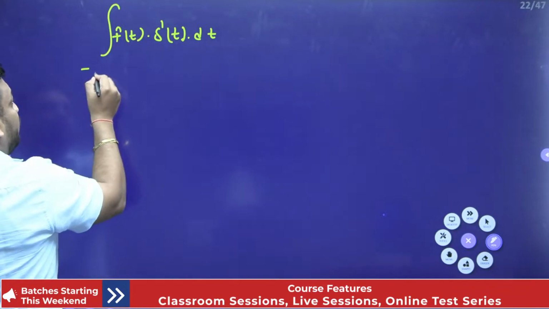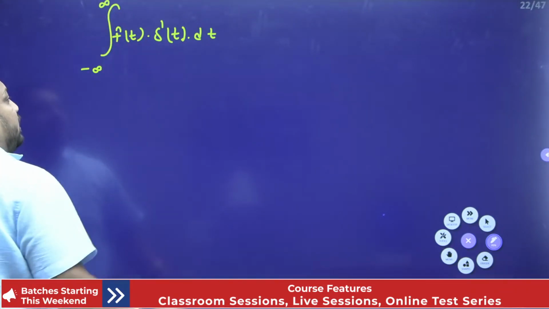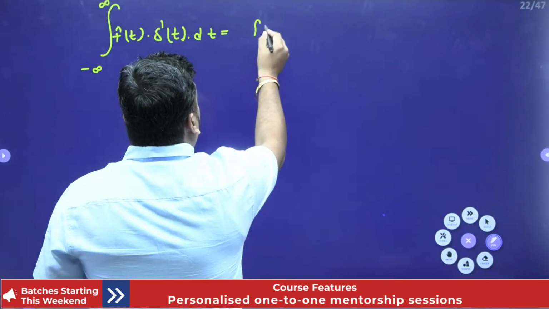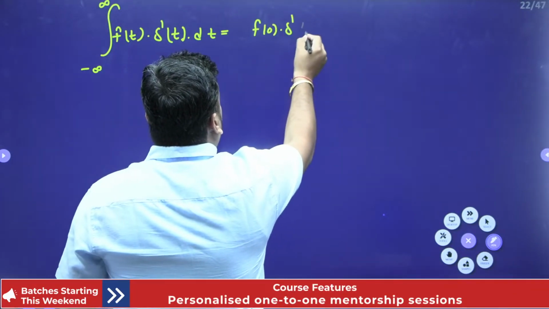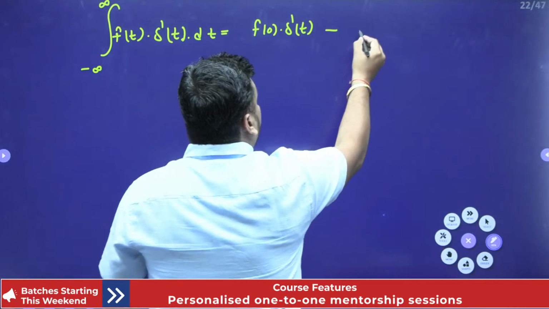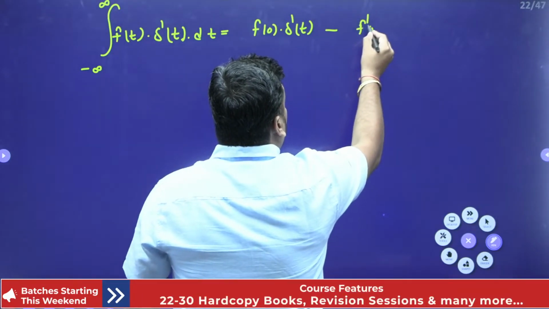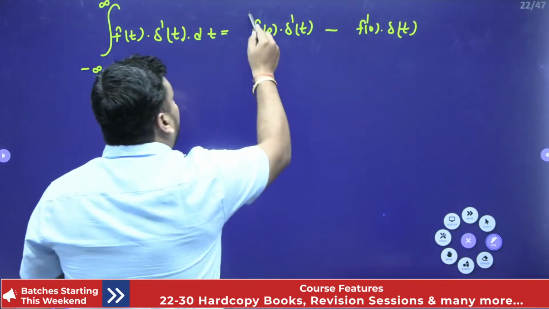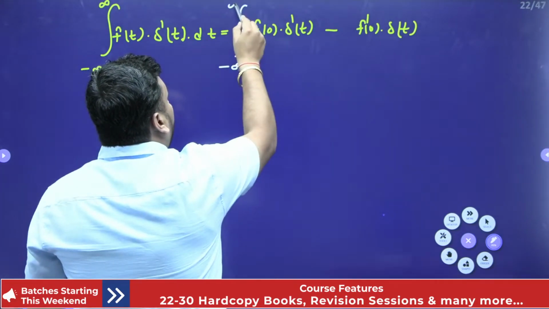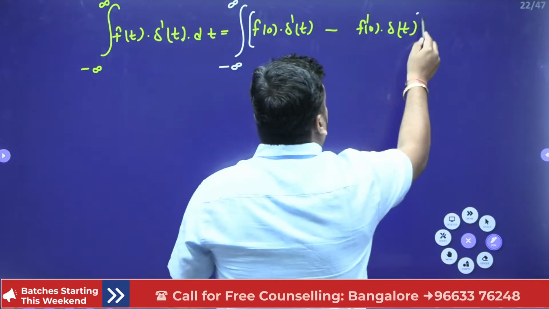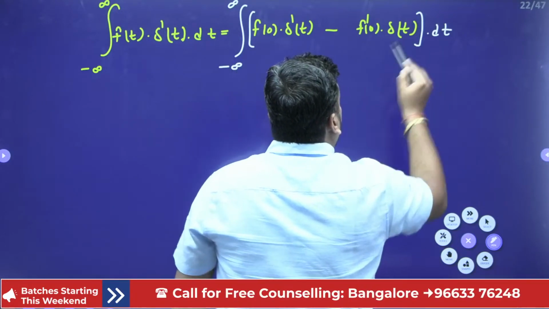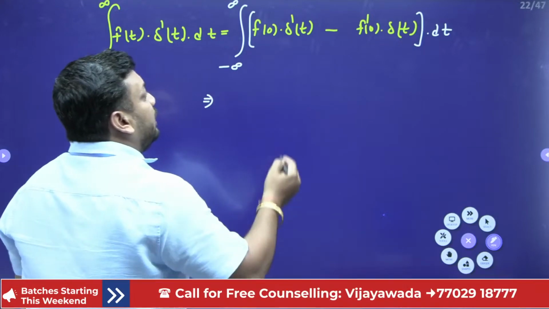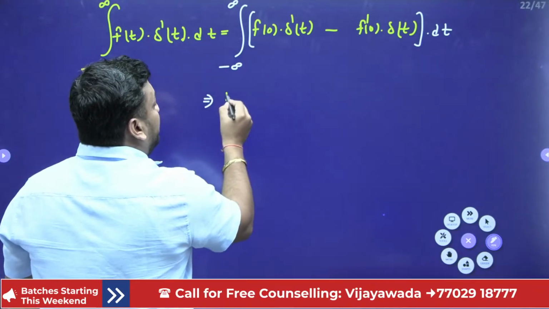If I perform integration here from minus infinity to infinity, you know that it is equivalent to f(0) into del dash t minus f dash 0 into del t. And if I perform integration here also from minus infinity to infinity dt, what will I get?